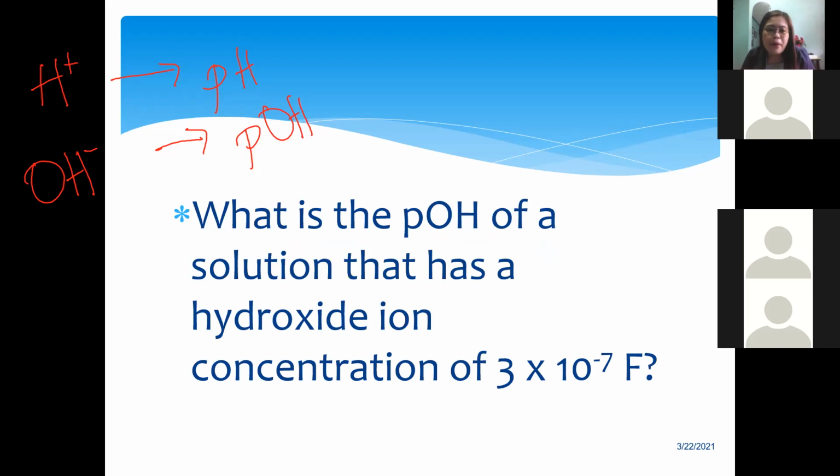Now, example na problem. What is the POH of a solution that has a hydroxide ion concentration of 3 times 10 raised to the power of negative 7 molar? So since ang given class ang OH, you will not compute for the pH. Instead, we will compute for the POH.